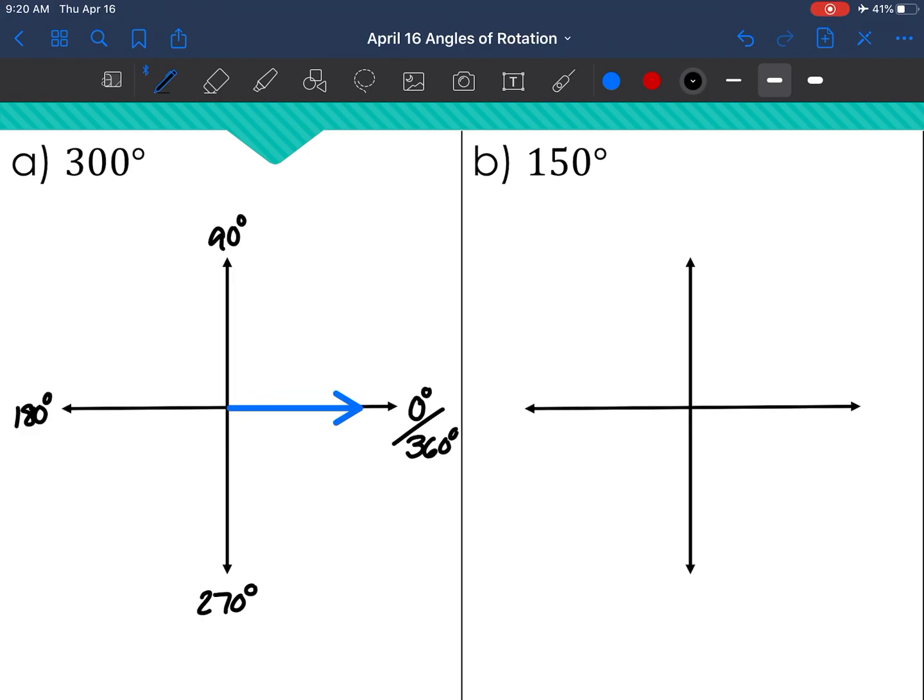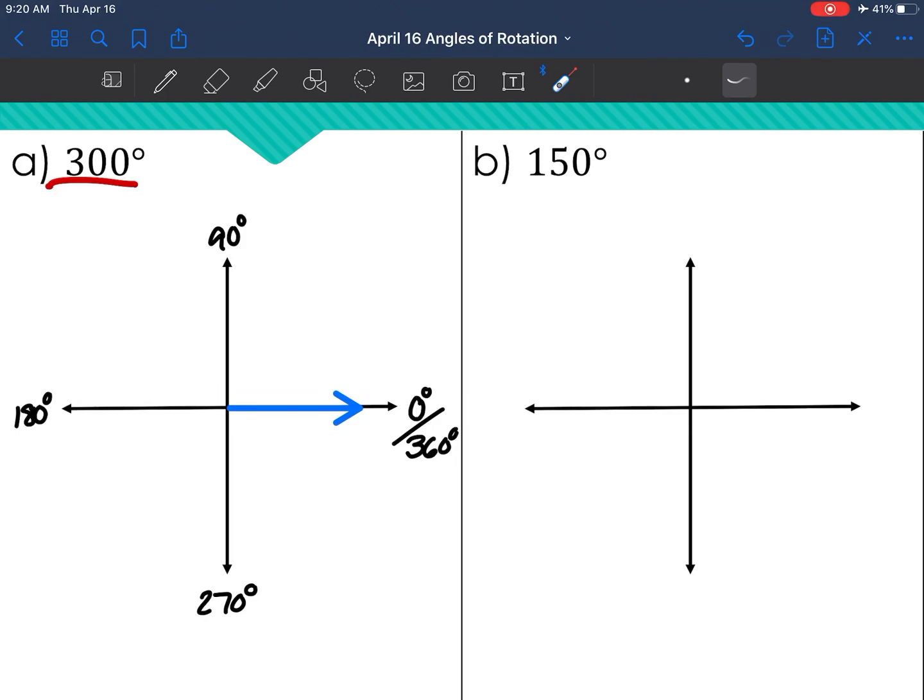So if we're going to draw a 300-degree angle, then we need to figure out, is that going to be closer to, so obviously it's past the 90 and 180, and it's past the 270. So it's going to be somewhere in between these two. Now, when you're drawing these, you do have to be kind of accurate, only in the sense of which side it should be closer to.